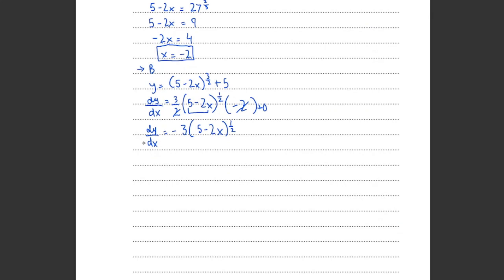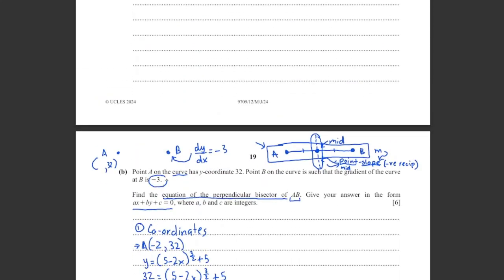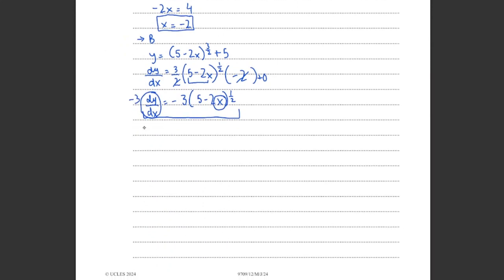Now, this right here is the equation for the gradient, or the dy by dx, of my curve. Our point B is a place where the gradient is negative 3. So I'm going to put this dy by dx as negative 3 and find my x coordinate. So negative 3 equals negative 3 times (5 minus 2x) raised to the power 1 by 2.